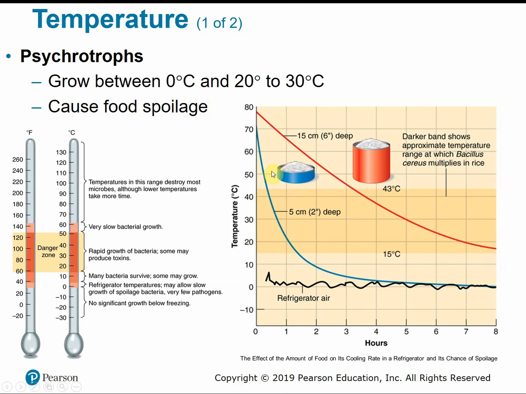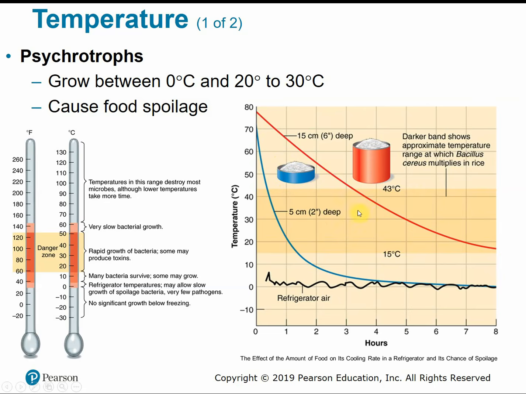So this chart is showing the surface area or the amount of food in a container and its effect on cooling and chance of spoilage. This larger container takes much longer to reach the refrigerator's ambient temperature than the smaller, more shallow container. So this darker band shows kind of the danger zone range.